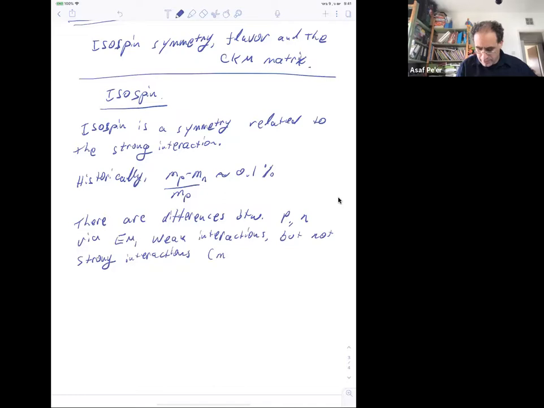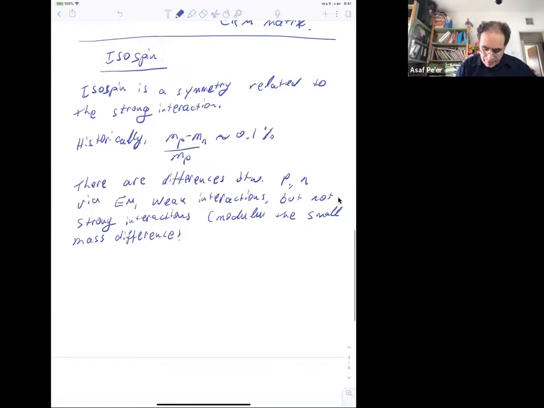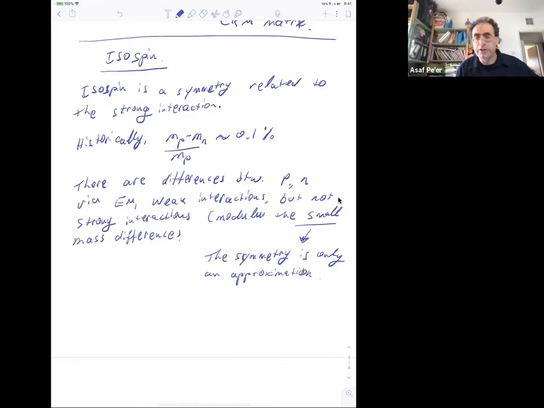Right, modulo the mass, modulo the small mass difference. Which means that the symmetry is only an approximation. Also, it's a pretty good approximation.